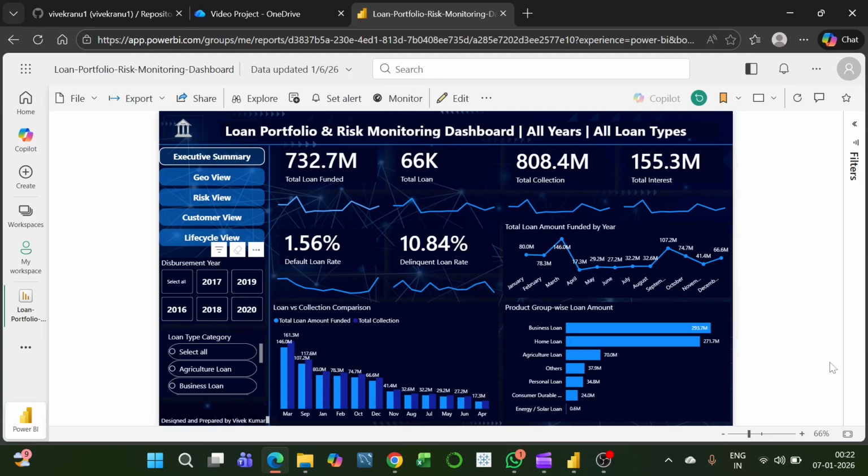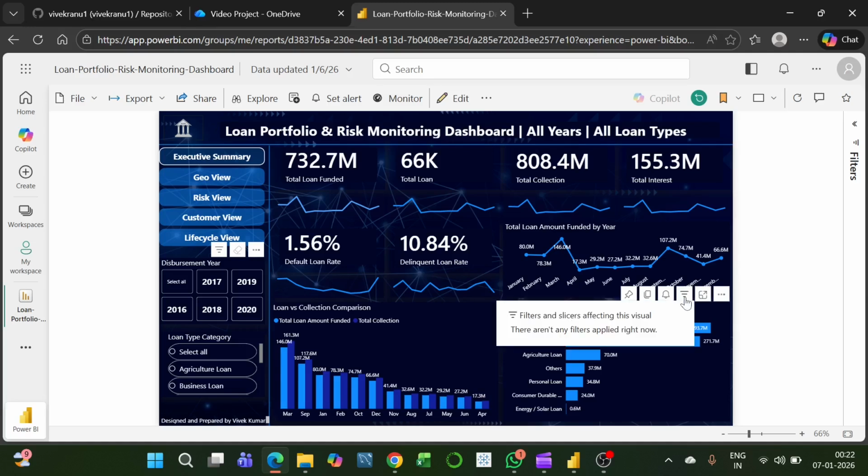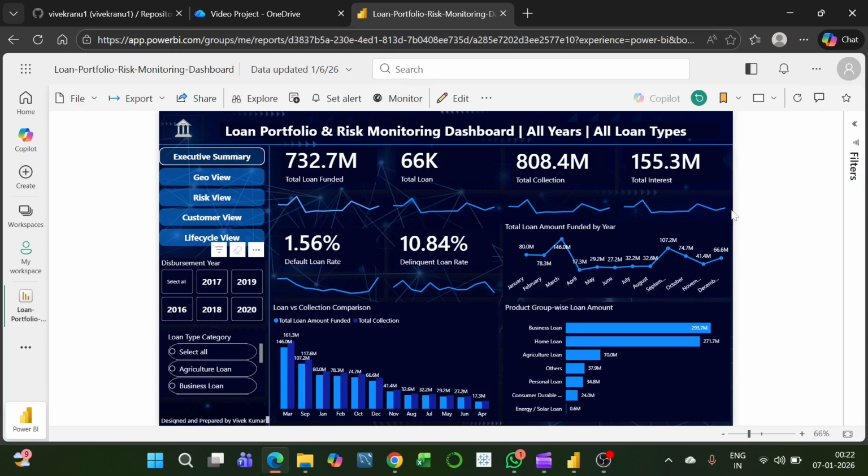This dashboard addresses those questions using historical loan data across a 4-year period. Let me tell you, this dashboard is built from data sets from the period November 2016 to February 2020, across a 4-year period, transformed into actionable insights.